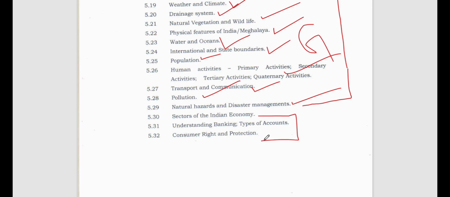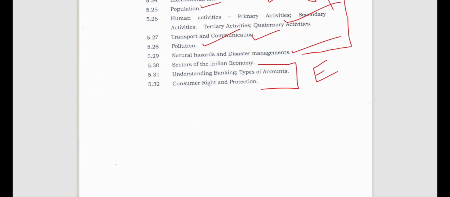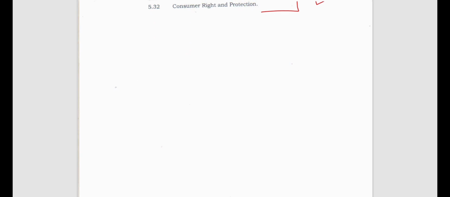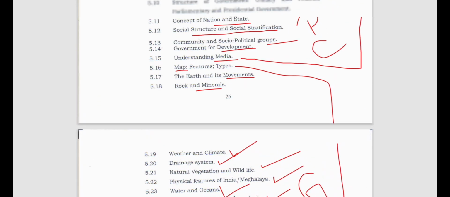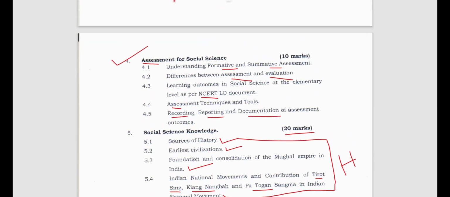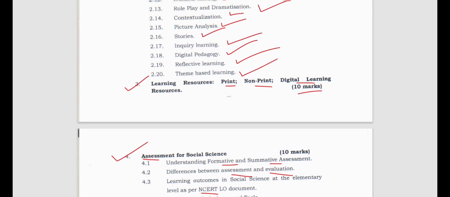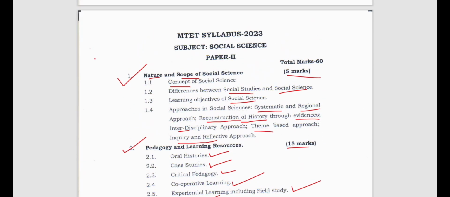This last unit comes under economics. All right, under economics. So you know that social science is broadly divided into four parts, right? The history, civics, geography, and the economics. So I have divided the syllabus and shown you which part is what.